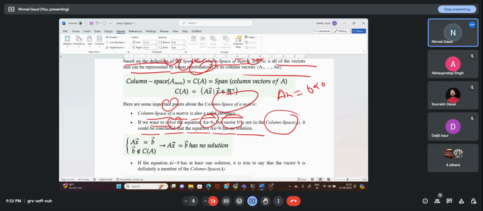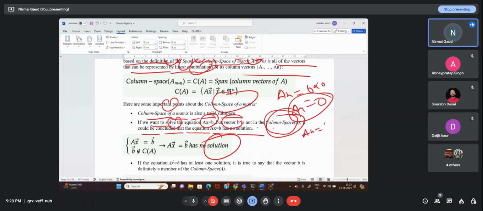And vector B is also not in the column space of A, meaning it is not present in any of the columns of the matrix. Then this equation has no solution. So if Ax equals 0, then it has independent solutions.